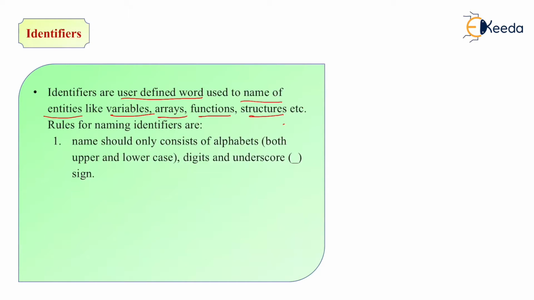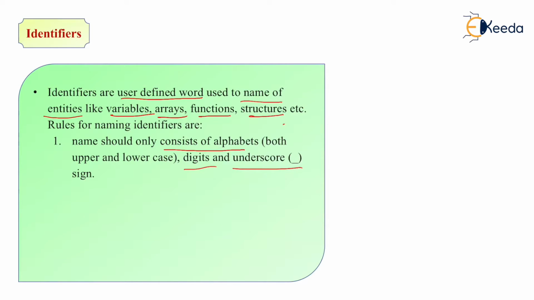So which are they? The first is the name should only consist of alphabets that can be uppercase or lowercase, digits, and only one special character, that is underscore.